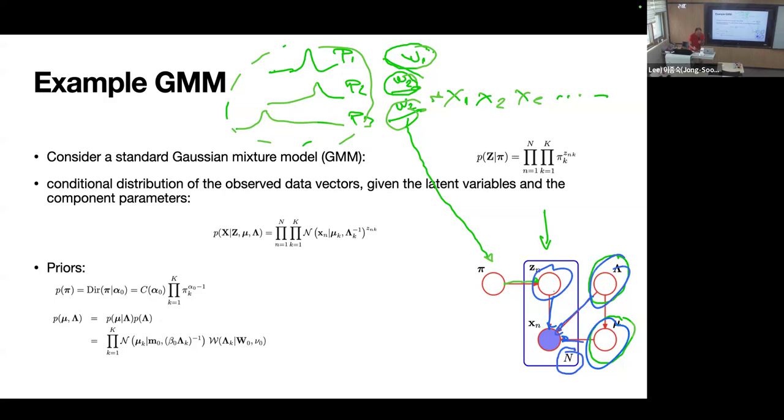So what does this mean? This square around means that everything in this square is repeated n times. And every repetition is so-called conditionally independent. So we can say that based on these values, the x values are independent among each other.